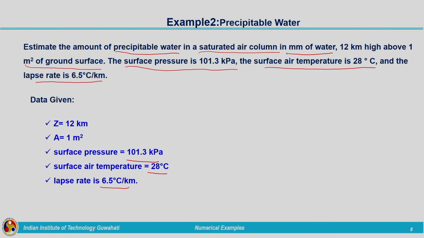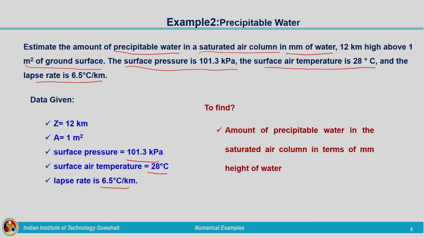Making use of these data, we need to calculate the amount of precipitable water in the saturated air column in terms of millimeters of water. You will get it in kilograms, which needs to be converted later into millimeters of water. If you remember the expression, we had the integral equation that we discretized and took average values.